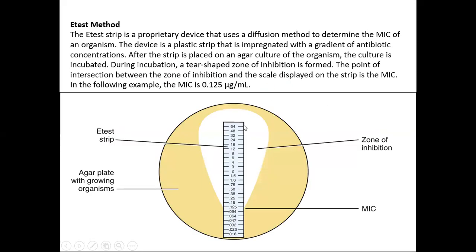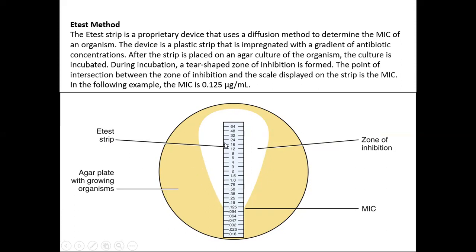And also, like the previous method, we can use the E-test. It is very similar. This paper strip contains one type of antibiotic in different concentrations. In this method, it is necessary to spread the test microorganisms on the nutrient media, then put the paper strip with the antibiotic in different concentrations.